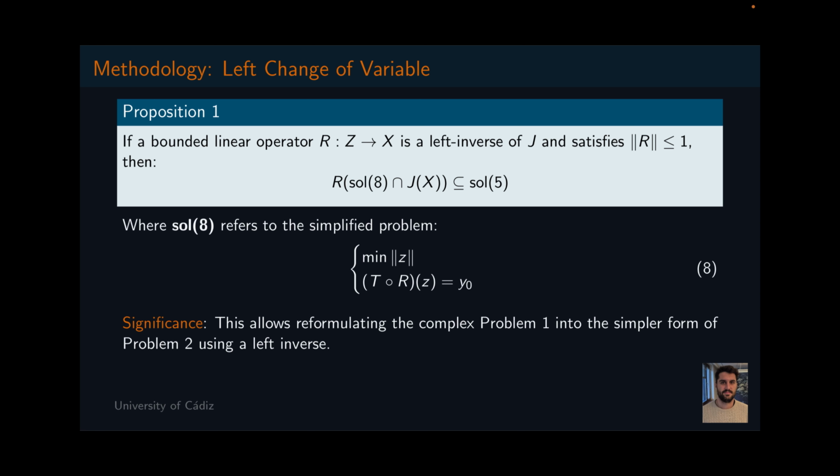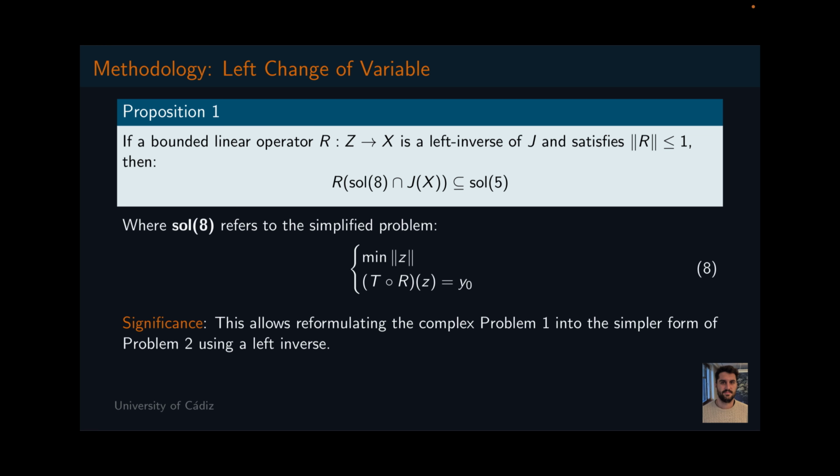Specifically, the solutions of a simplified optimization problem labeled here as problem 8 map directly into the solution set of our overarching general problem 1. The significance of this result is profound for applied mathematicians. It allows us to mathematically strip away the complexity of the operator J entirely.